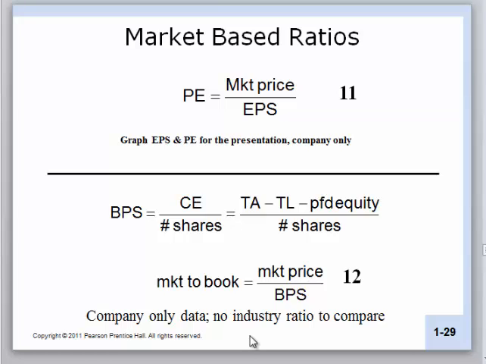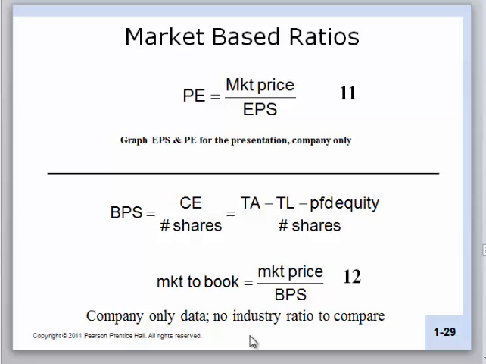We want to look at market price, or the PE ratio, and we want to look at the book value per share. We're going to spend some time in class talking about this PE ratio because I think it's a very important number. Likewise, we'll talk about the market to book value, but in general, these relate market prices to something inside the company.